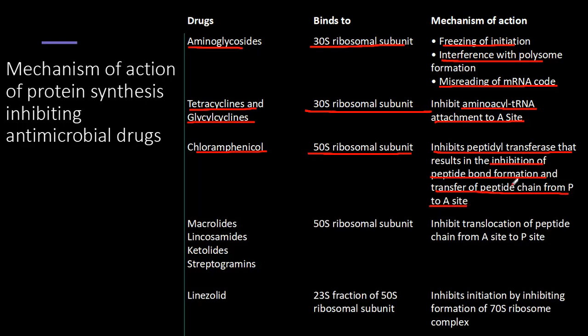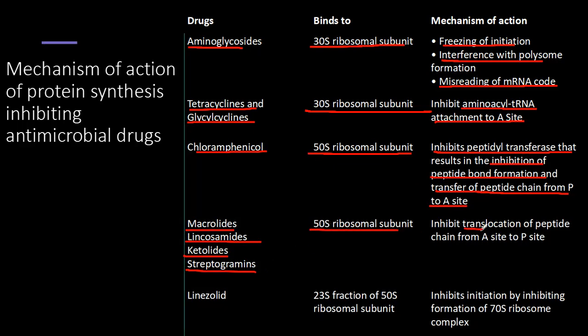So remember, if you cannot form a peptide bond, the peptide chain cannot move from the P site to the A site. Now, macrolides such as your erythromycin, lincosamides such as your clindamycin, ketolides, and streptogramins, your dalfopristin and quinupristin, bind to the 50S ribosomal subunit.